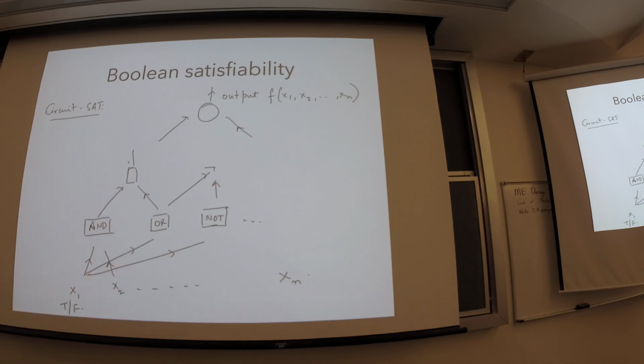So the Boolean satisfiability problem basically asks, given some circuit like this: given a circuit f, do there exist inputs x1 through xn such that f of x1 through xn is equal to true?